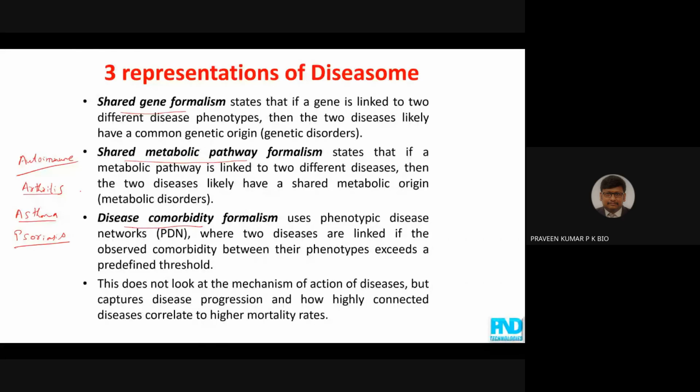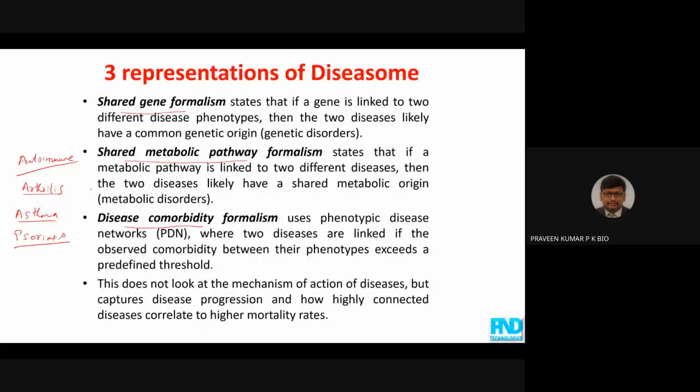Most of the gene targets we take in all these three diseases are the same. Out of 100 targets, only one or two are different in arthritis compared to asthma. Similarly in psoriasis. So the autoimmune disease targets are almost the same except for a few genes.